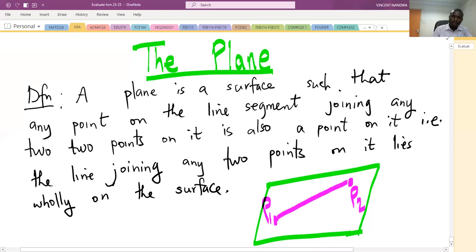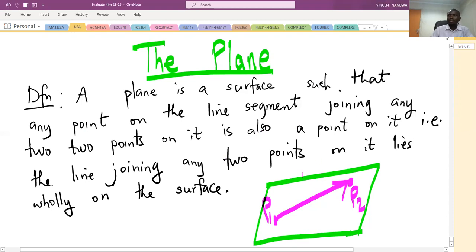If we draw a directed line segment from P1 to P2, then these 2 points are on the same surface we're trying to describe. That's why I say that a plane is a surface such that any point on the line segment joining any 2 points is also a point on it. It's still the same point on this plane.